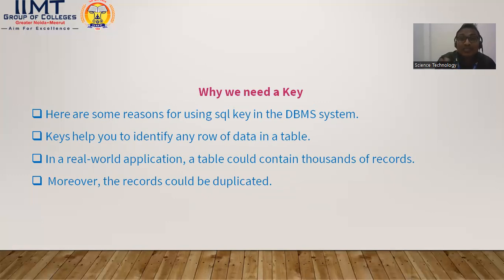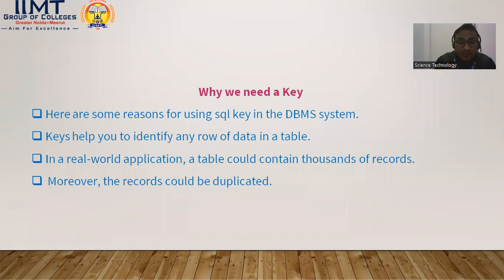Two persons may have the same name, or the same date of birth, but we want to uniquely identify each and every one. So we will assign a unique number. It may be an Aadhaar number or a roll number. In the case of a student, we assign the roll number. In the case of citizens, the Aadhaar number.